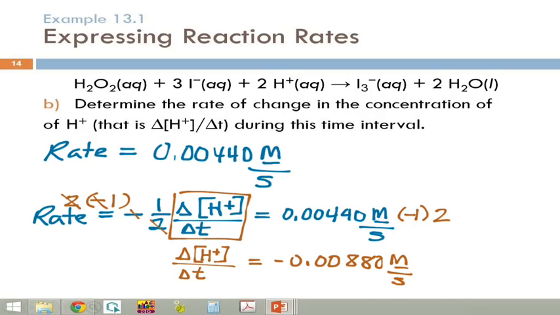Does that help? Yeah, that's because what I've solved for is what's in this box. This is the change in hydrogen ion concentration per change in time. So it's going to go down 0.00880 moles per liter in every second, on average, in that time period. It's per second. In 10 seconds, it would be 0.088.